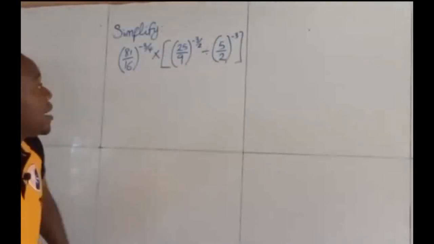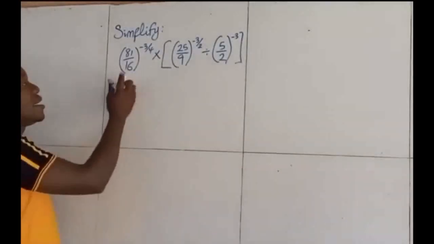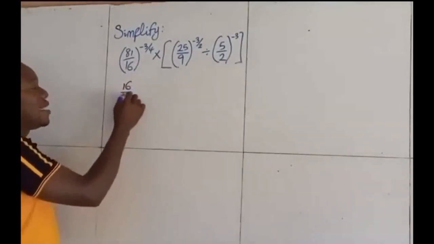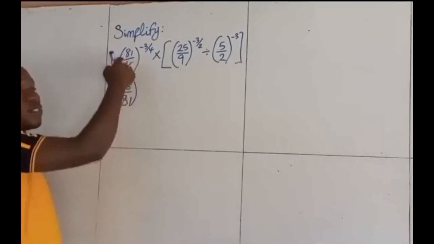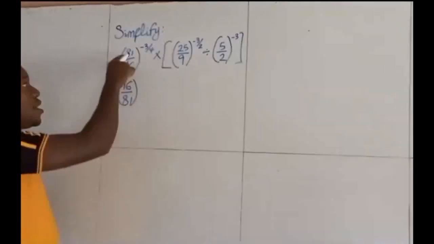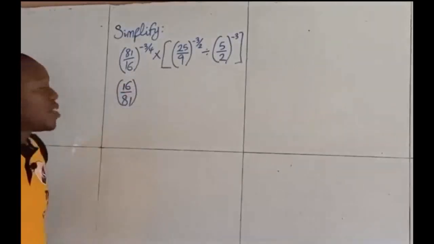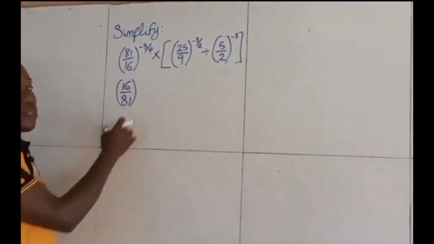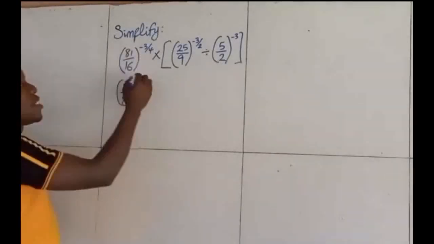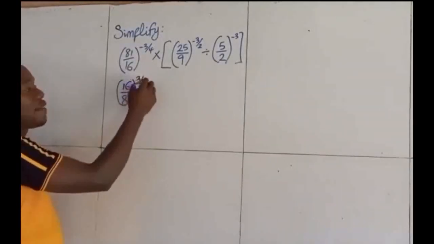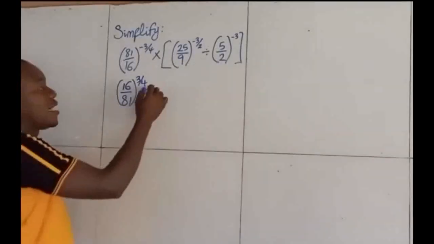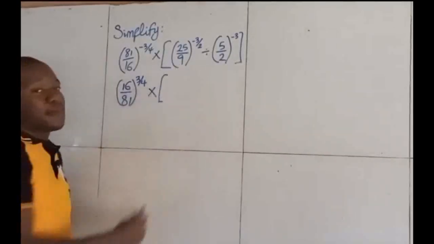So if we do that, this becomes 16 over 81 instead of 81 over 16. The numerator becomes the denominator. The denominator becomes the numerator. So once we turn the expression upside down, we reciprocate the expression. The power changes from minus to plus. We have 3 over 4. Then times, we can apply the principle here.